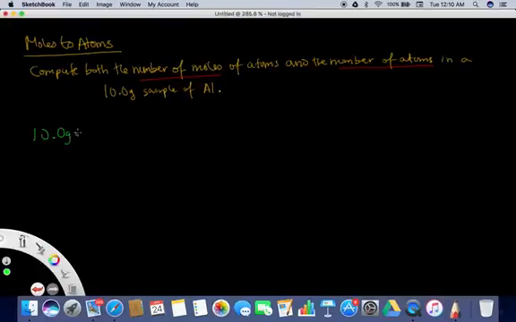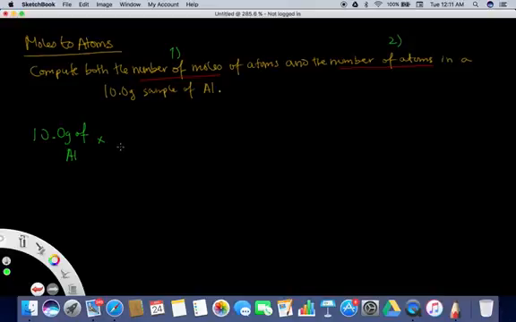10 grams of aluminum, and I'll abbreviate it Al. And we want to convert that. Let's first do moles, and then let's do atoms. So we have 10 grams of aluminum, and we want to get rid of our grams and convert it to moles.